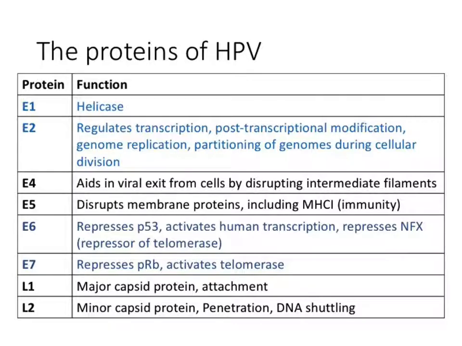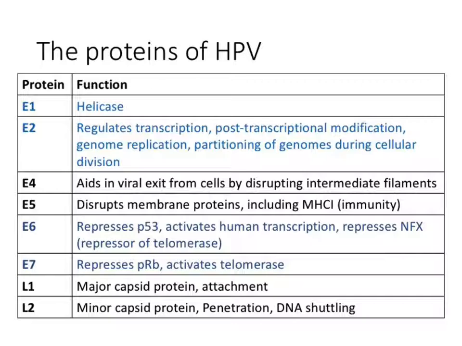The ones that are highlighted in blue there, so E1, E2, E6, and E7, will be the major ones that we talk about. E4 helps in exit. This is the one that actually helps to overcome actin remodeling. E5 disrupts membrane proteins and is involved in inhibiting the immune response by preventing the expression of MHC1 on the surface.